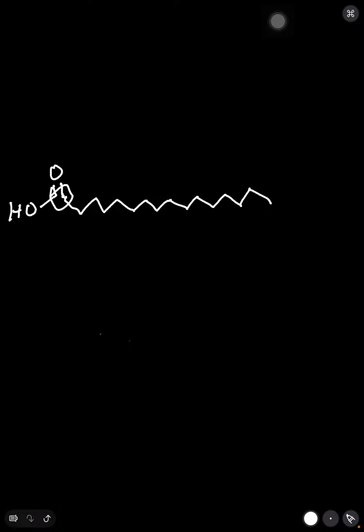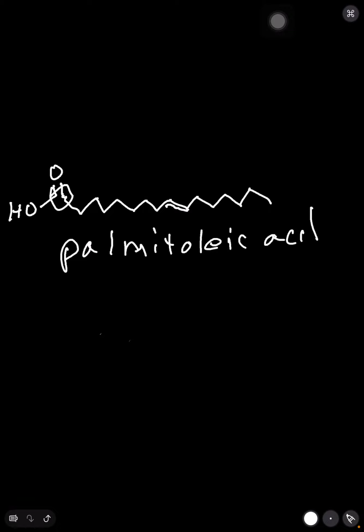Starting at, let me count, 1, 2, 3, 4, 5, 6, 7, 8, 9. Right here. Okay. This is called palmitoleic acid. Palmitoleic acid, there you go. These become tongue twisters at various points. All right, and we would write this one this way.